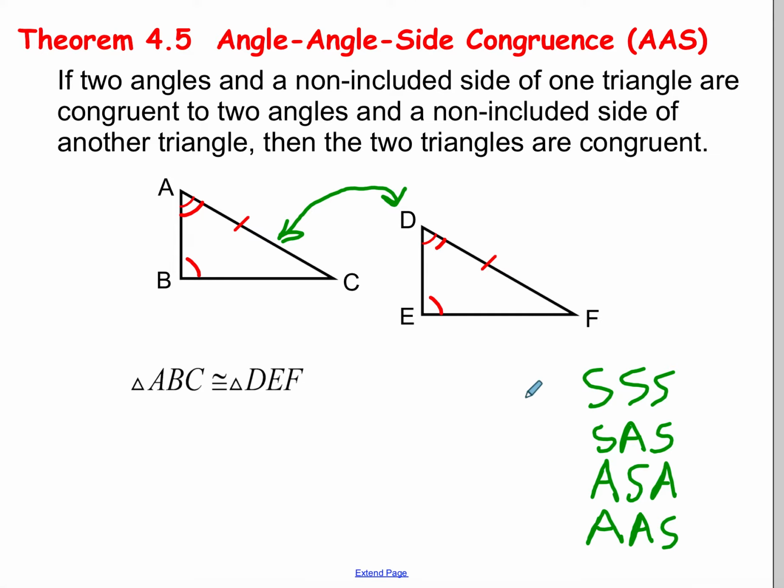So when we are proving that two triangles are congruent, this is the roadmap that we have to take. We're trying to go one of these four directions to prove that the triangles are congruent. So you don't have to feel like you have no idea what to do. You can know what to do right away. You're trying to get to one of these four postulates: three sides are congruent, a side and the included angle, two angles and the included side, or two angles and a side.